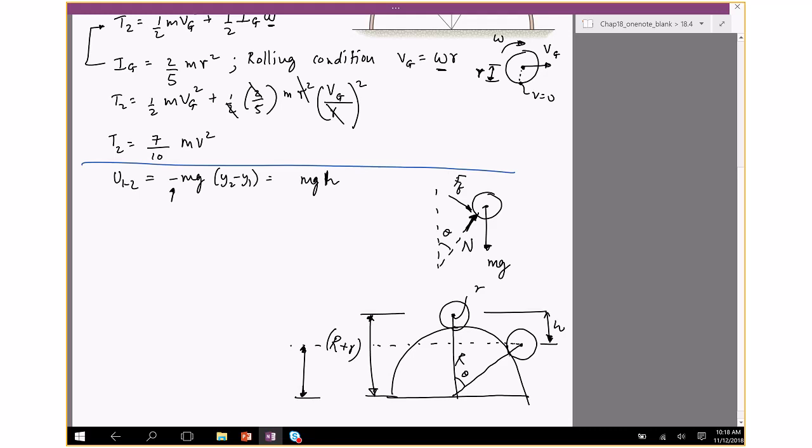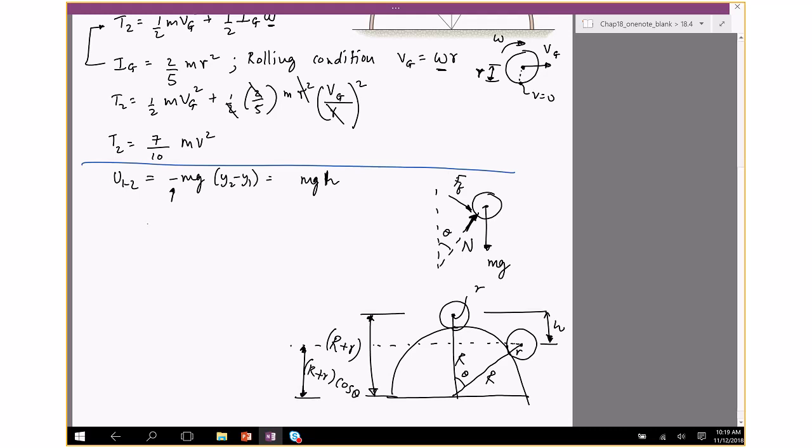Okay, so you see that if this is small r and big R, then this height is R plus r times cosine of theta. That height, cosine would give me this length.